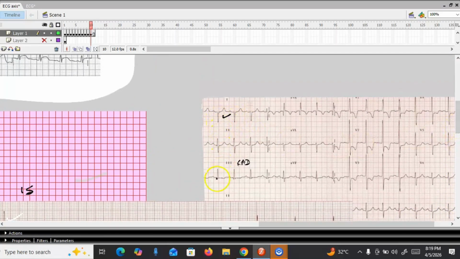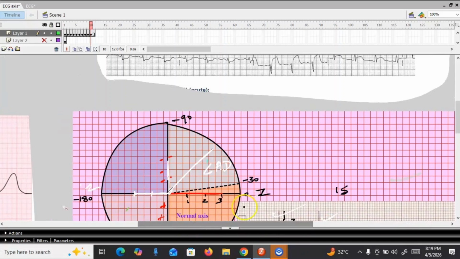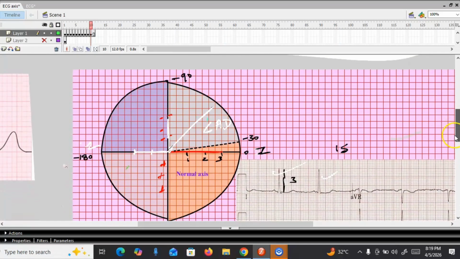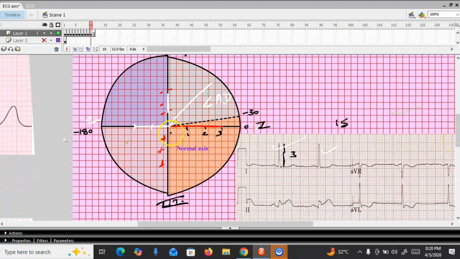Lead 1 is negative, and lead 3 is positive. So it will come over here. 1 and 2. Got it? So see the angle. The angle is over here. This is right axis deviation. Right axis deviation.